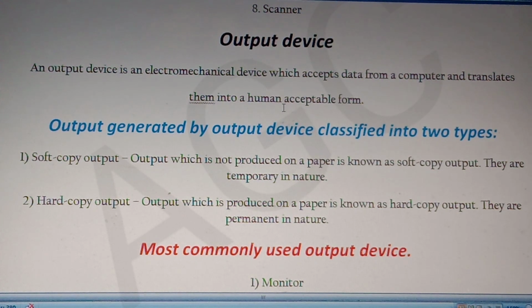The output devices give the information to the reader, to the user. The user can get the output through the output devices. Whatever the user needs is output. The output comes from the output devices in human acceptable language, that is high level language. Everyone clear? That is the meaning of the line here.